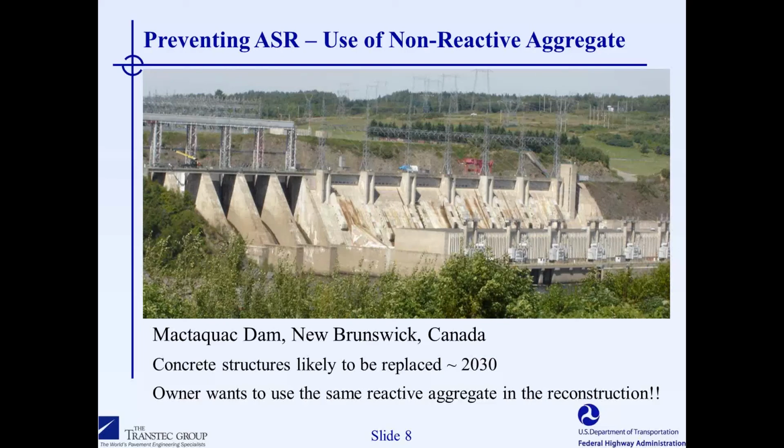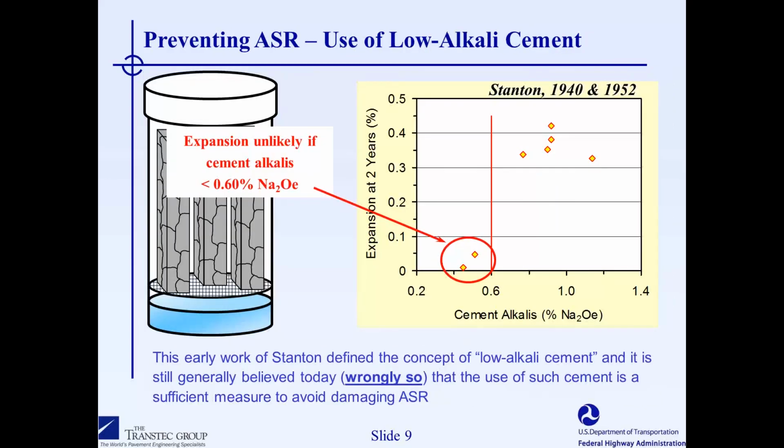There's going to be somewhere in the region of 500,000 cubic yards of concrete required for this replacement. And if they can actually use the aggregate that's there on location, economy really dictates that they should. So they're looking very seriously at reusing this aggregate and taking other preventive measures to avoid the same problems from occurring.